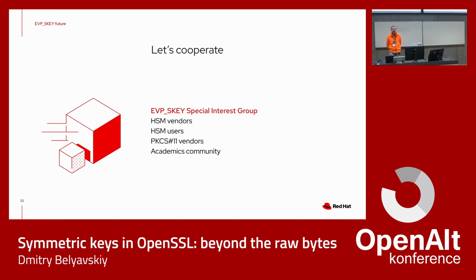Again, as Tomasz mentioned at the previous presentation, OpenSSL is open to cooperation and to community work. This week we will try to have a meeting of the PKCS 11 Special Interest Group, where we are going to discuss the next steps and roadmap, and probably someone else, not only Red Hat, will work on implementing it in OpenSSL.